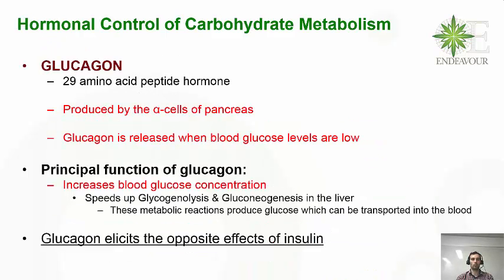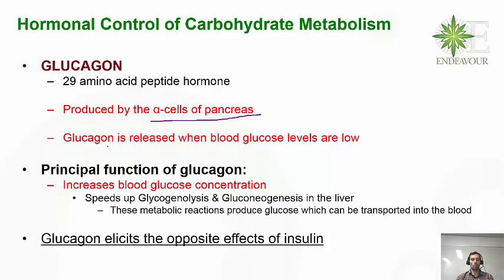What about glucagon? Glucagon is also a hormone, and it's also released by the pancreas. But this time it's released by the alpha cells of the pancreas. We saw in the previous slide that the insulin was released by the beta cells.